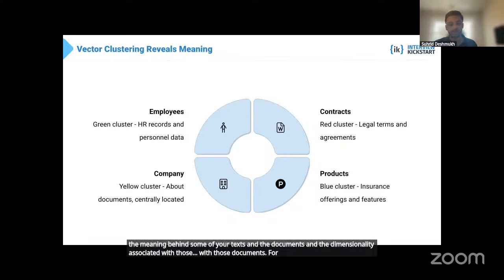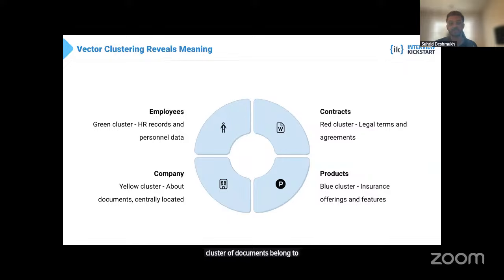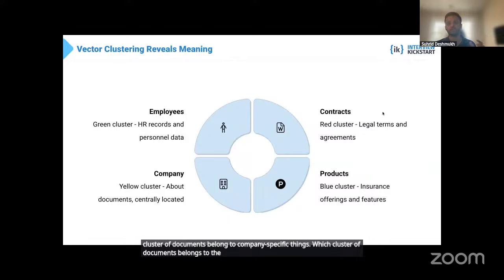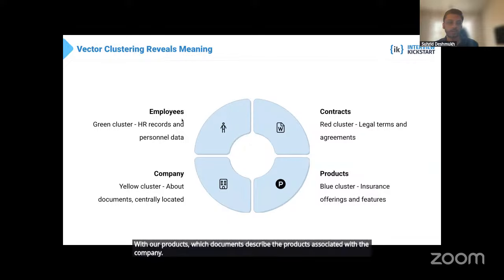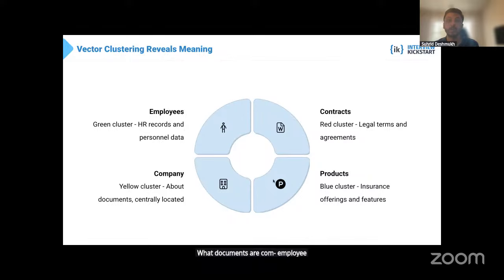For example, you can identify which cluster of documents belongs to company specific things, which cluster belongs to the contracts associated with our products, which documents describe the products associated with the company, and what documents are employee records and some personal records. You can ask questions like these based off of your vector database and the clustering and the embedding that you did.